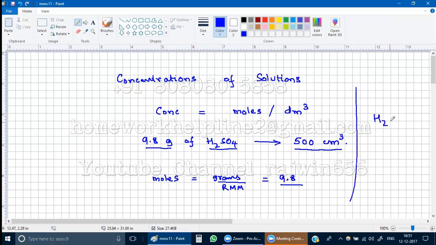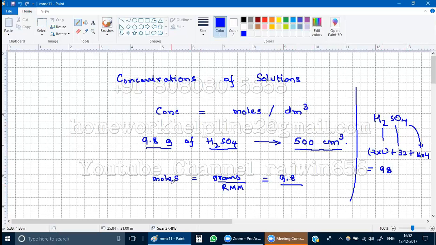Sulfuric acid is H2SO4, so this is 2 into 1, you can get the atomic masses from the periodic table, plus sulfur is 32, plus oxygen will be 16 into 4. This all adds up to 98. So the relative molecular mass of sulfuric acid is 98.